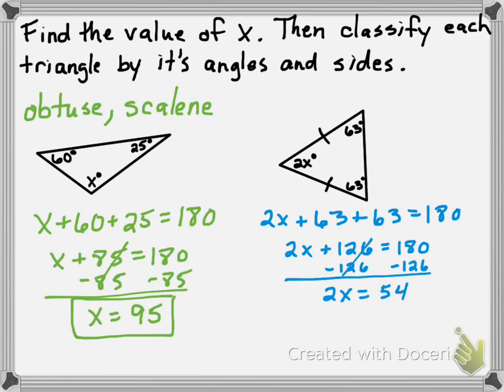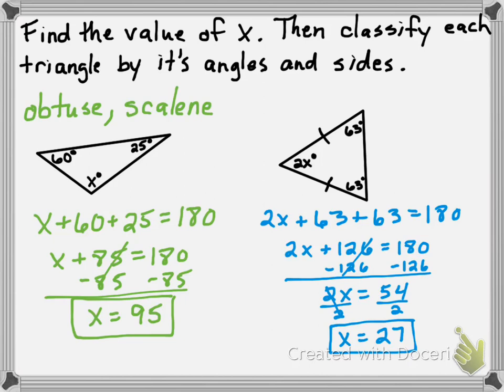That leaves me 54, and I need to divide by 2 to get rid of the 2. And that gives me that x equals 27. Now the angle is 2x, so that would be 54. So you can see that 54 plus 63 plus 63 does equal 180. But the x is 27.